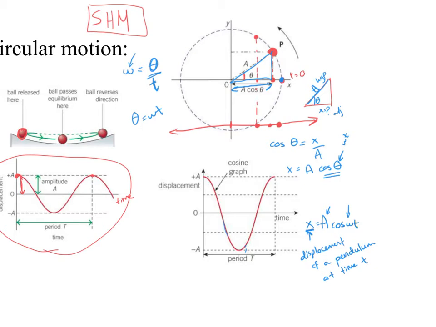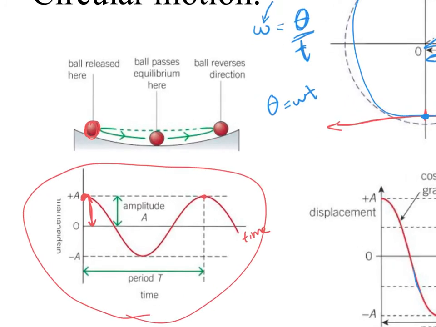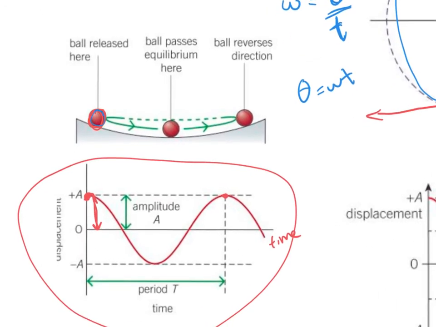And the idea is that as ball P is moving around the circular path, it does slow down when it comes closer to its maximum displacement, but it does speed up when it goes towards the center. And we're going to see how that works with the ball as well. So what you would expect from this ball is as soon as you release it from here, it will start speeding up towards the center.